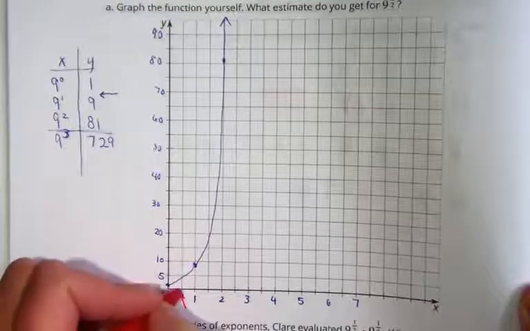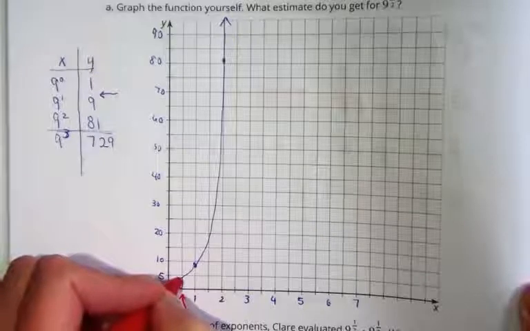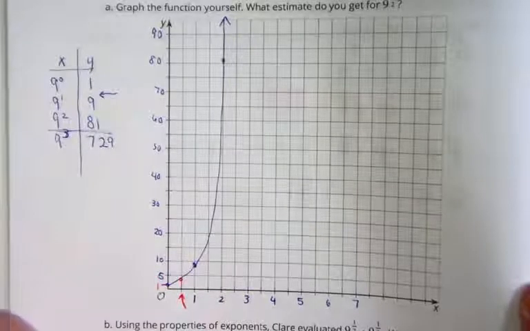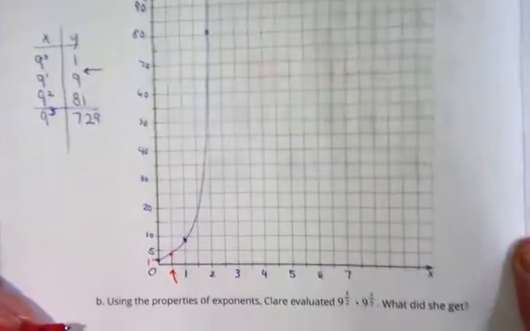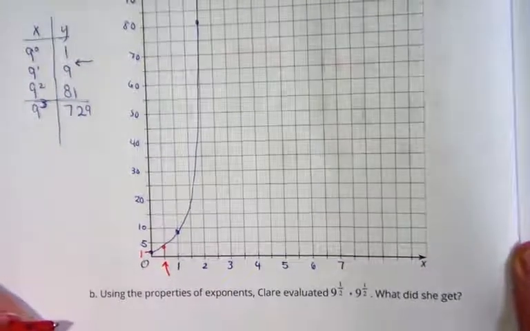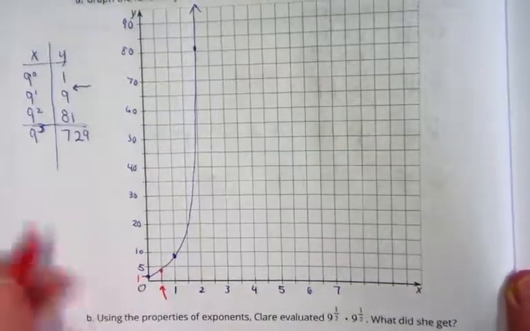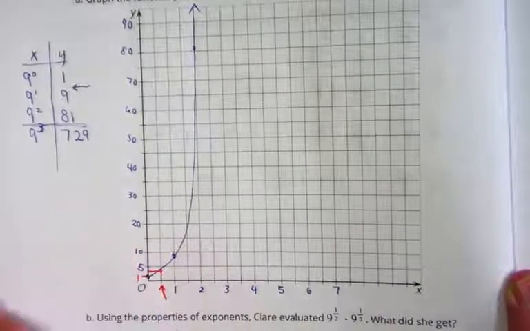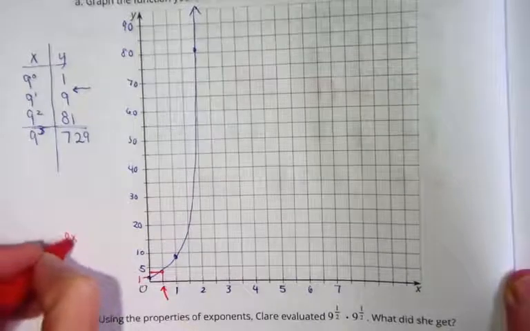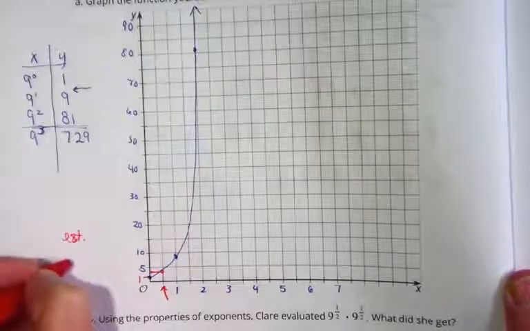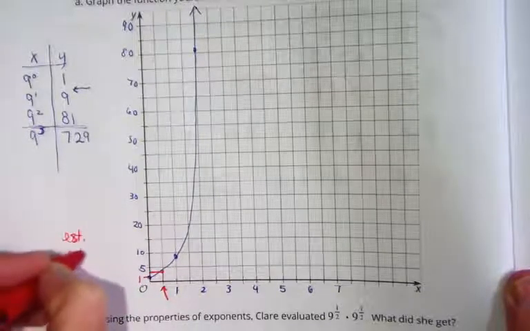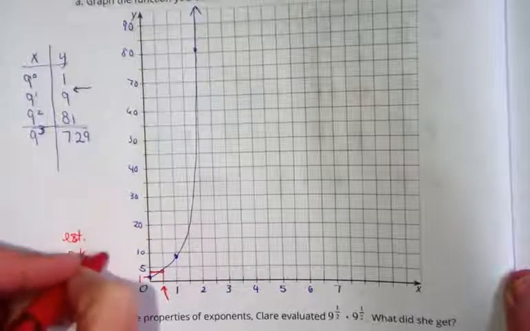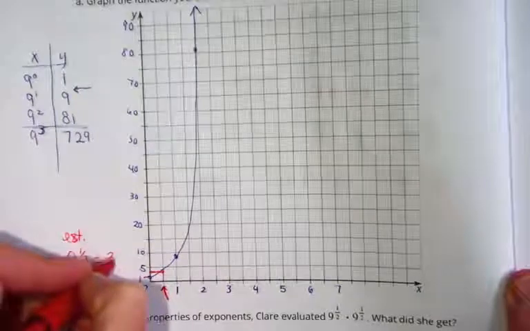And that is not quite at 1 and not at 5. It's kind of in the middle there. So to estimate from the graph, we'd only know that it's somewhere between 1 and 5. So I'm going to estimate that 9 to the 1/2 power equals somewhere around, I don't know, maybe 3, maybe 4. I'm going to say 3.